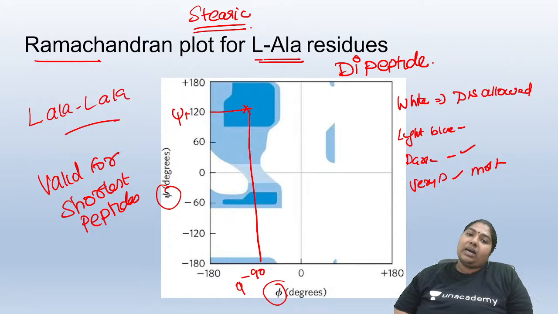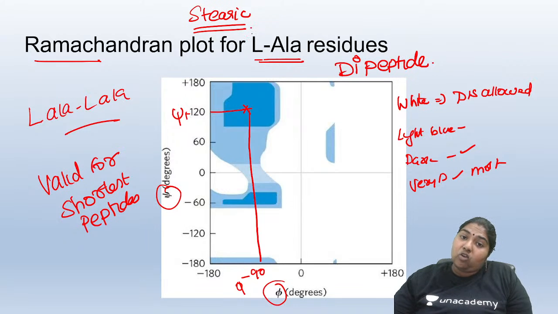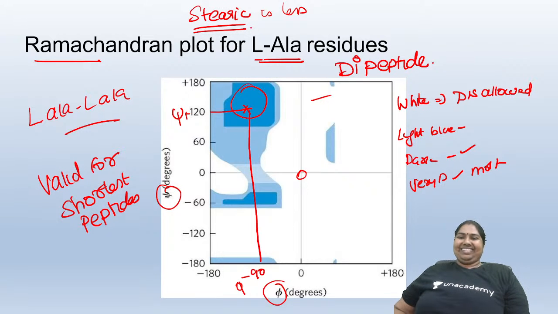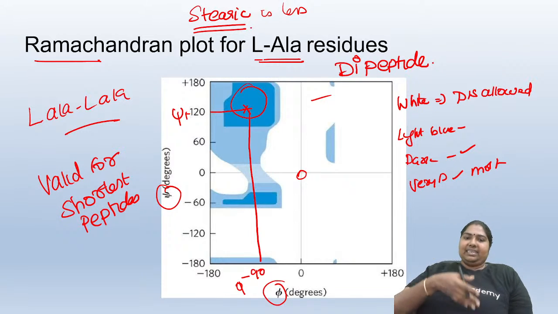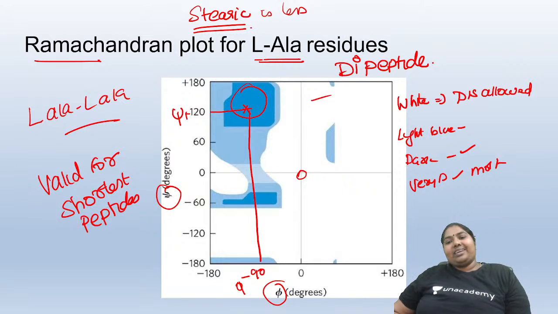Here the steric hindrance is going to be less in this region. That is why it is a little bit dark blue in color. In this disallowed region, see, 0 degree, can any bond exist at 0 degree? It can be 90 degree, 180 degree. Have you ever noted two groups at 0 degree between them?